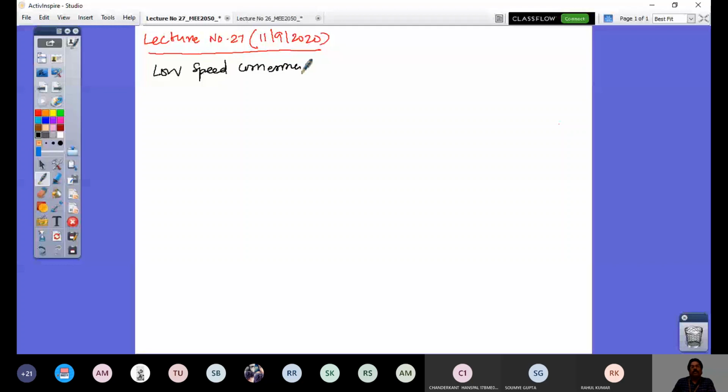What is the important assumption or important statement in low speed cornering is that your centrifugal force is neglected, right? Your centrifugal force is neglected. It is to minimize scrubbing of tire and to improve steering effort.